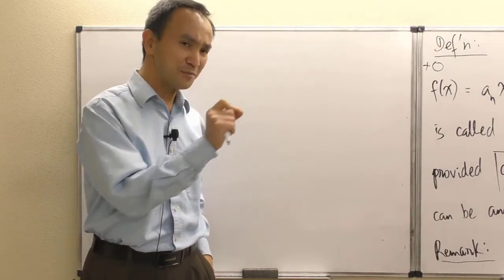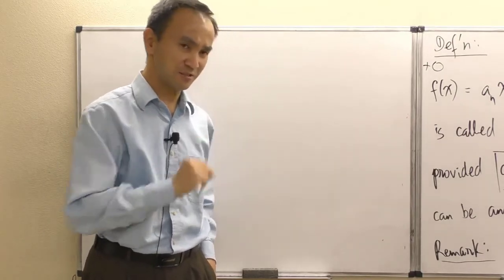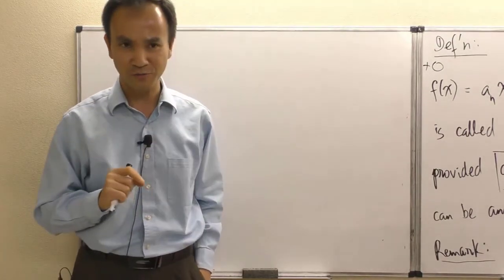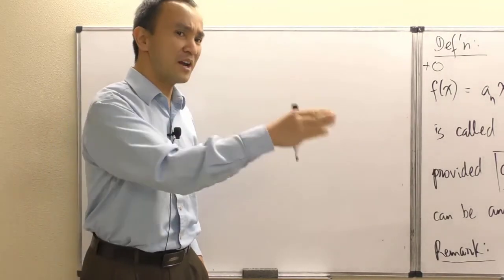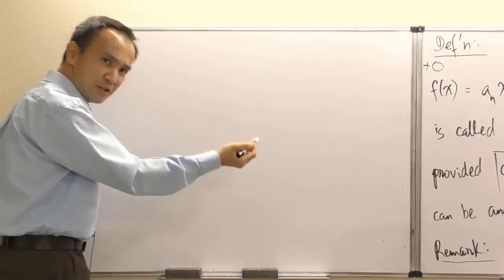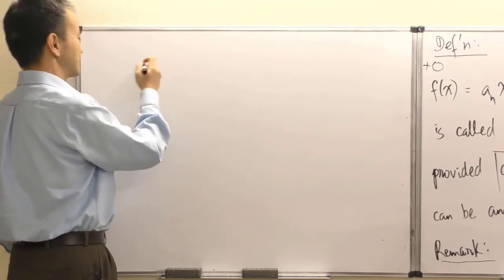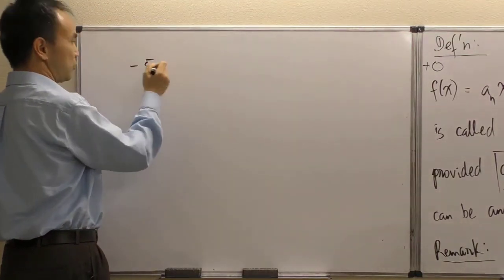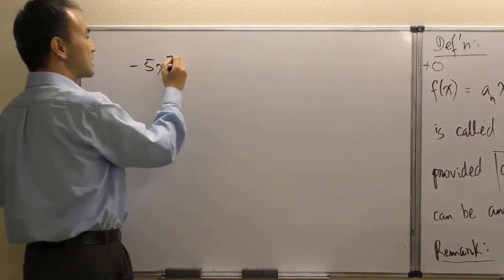What about those power functions we have seen earlier, those we learned right before we started getting into polynomials? Say simply just something like this: negative 5x to the 7 itself right here.